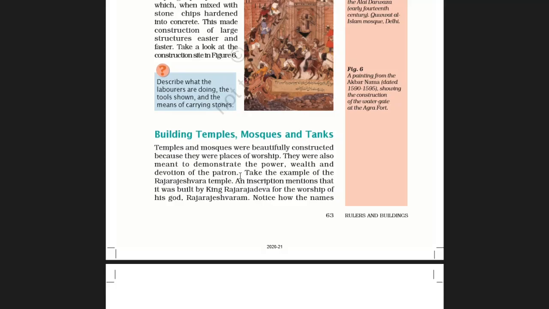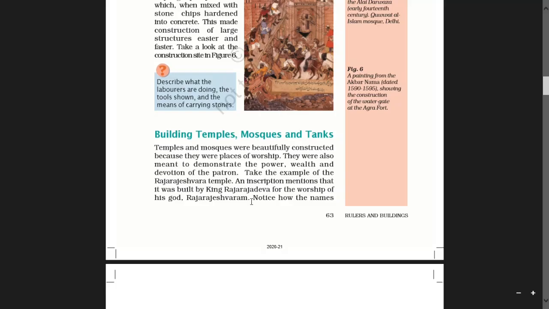Take the example of the Rajeshwara temple. An inscription mentions that it was built by King Rajadeva for the worship of his god Rajeshwaram.